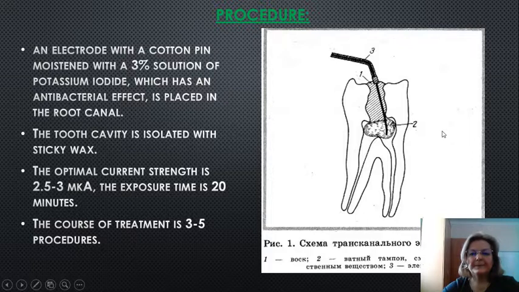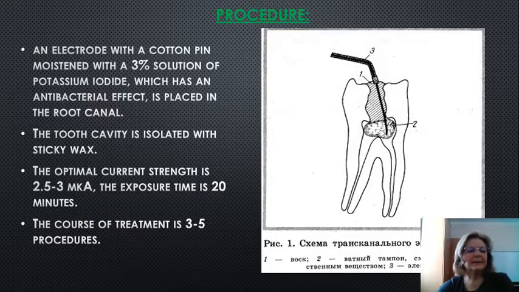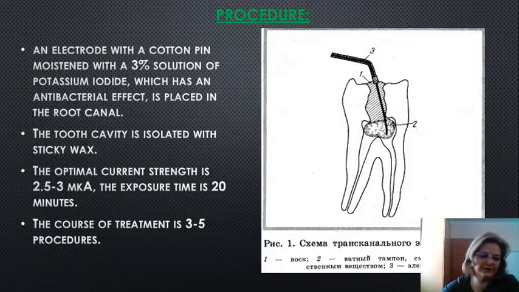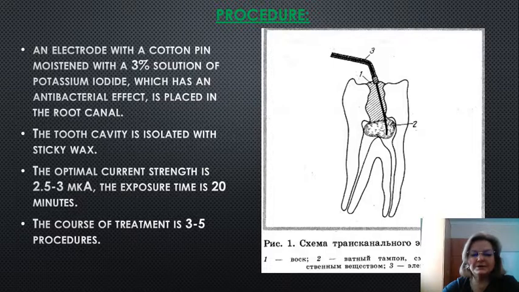You see it in picture number 3. And the root cavity is isolated with sticky wax. You see it on picture number 1. The optimal current strength is 0.5 or 3 microamperes. The exposure time is 20 minutes. The course of treatment is 3 to 5 procedures.